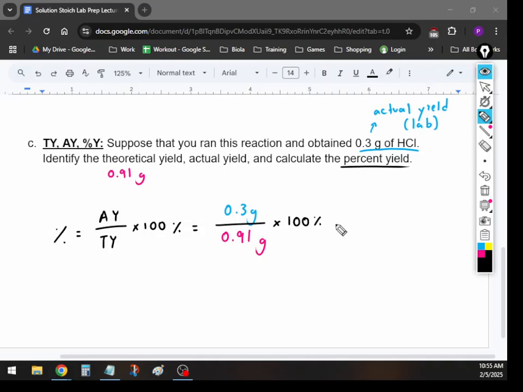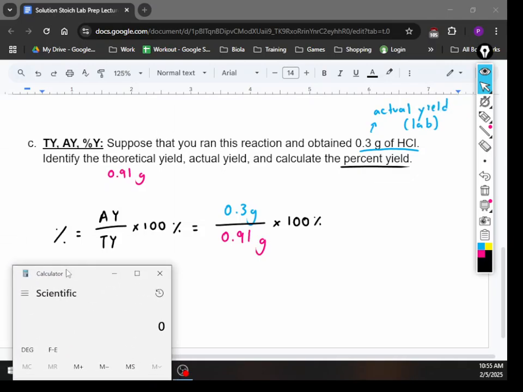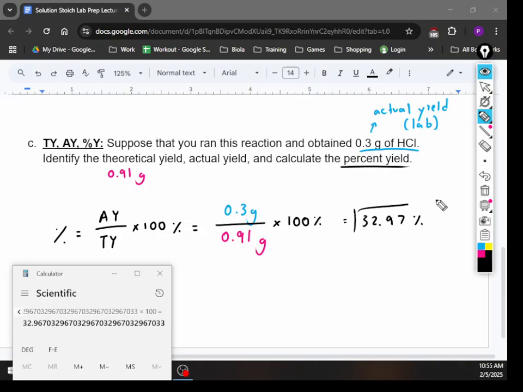Okay, and that's how you get your percent yield, and that's kind of like a grade, right? A percentage of how much you could have made versus how much you actually made. Okay, and so you'll be calculating that in your lab as well next week. Okay, so here we would have something around 32.97%. Something around there is good.